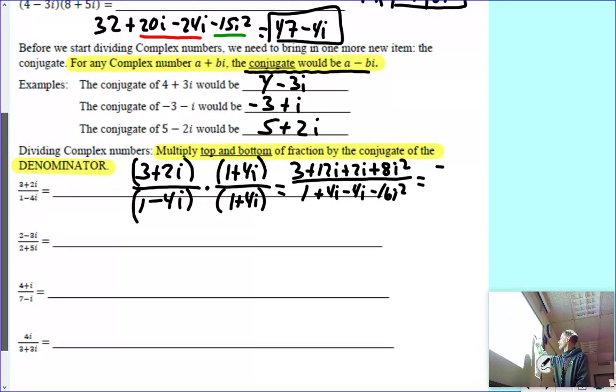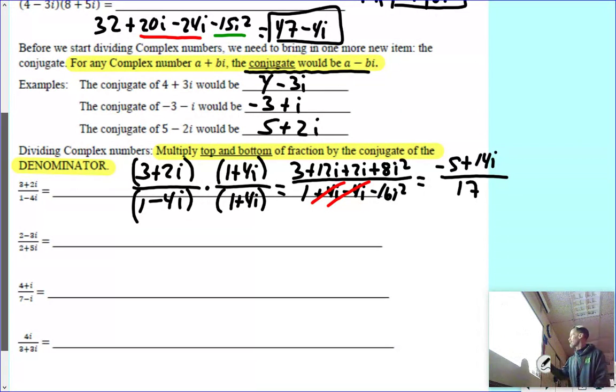So 3 minus 8 is negative 5, 12i plus 2i over. Now, the thing on the bottom, here's where the magic happens. Because notice positive 4i and negative 4i, they cancel out. So I just got 1 plus 16. Change the sign. So that's that. And that's essentially your final answer.